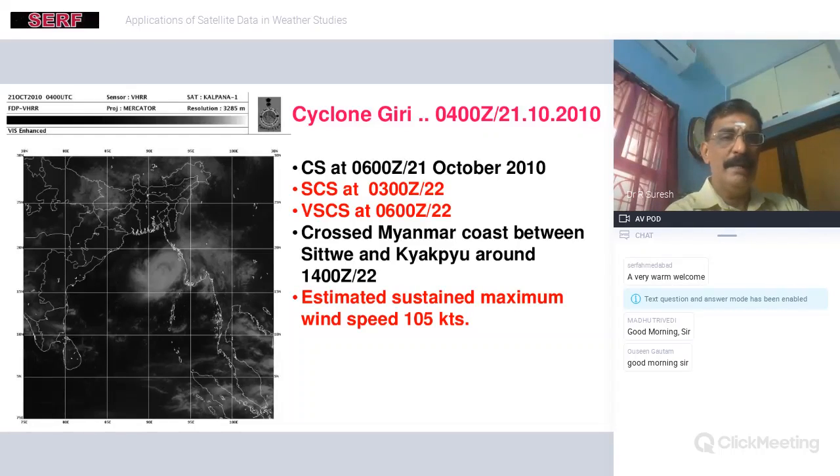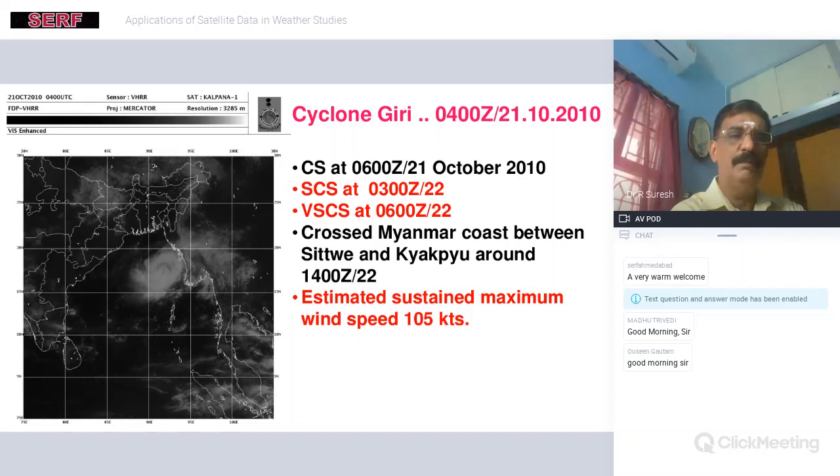So yesterday what we saw was a cyclone by name Giri, which was in October 2010. I showed the imagery on the INSAT satellite, and it was having all the patterns which are expected from a normal cyclonic storm.